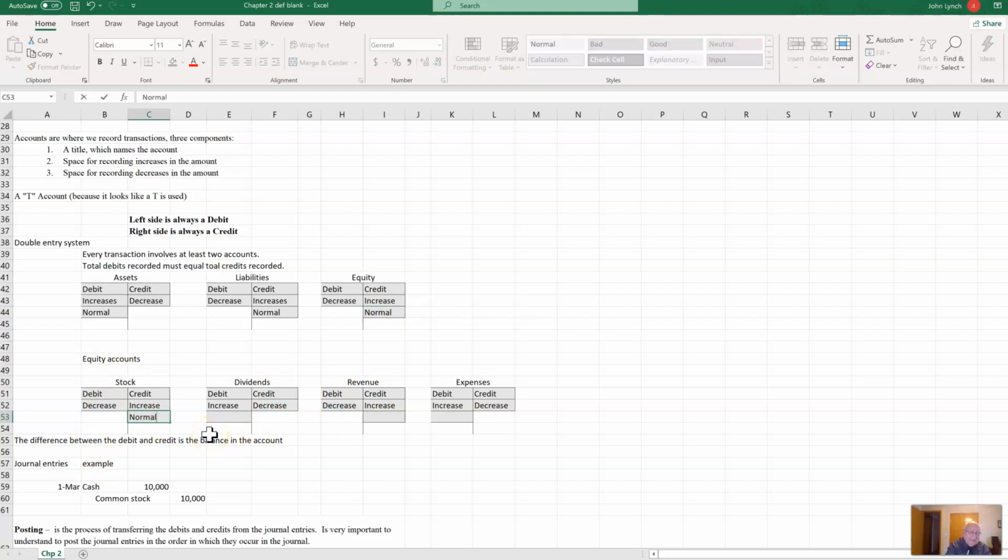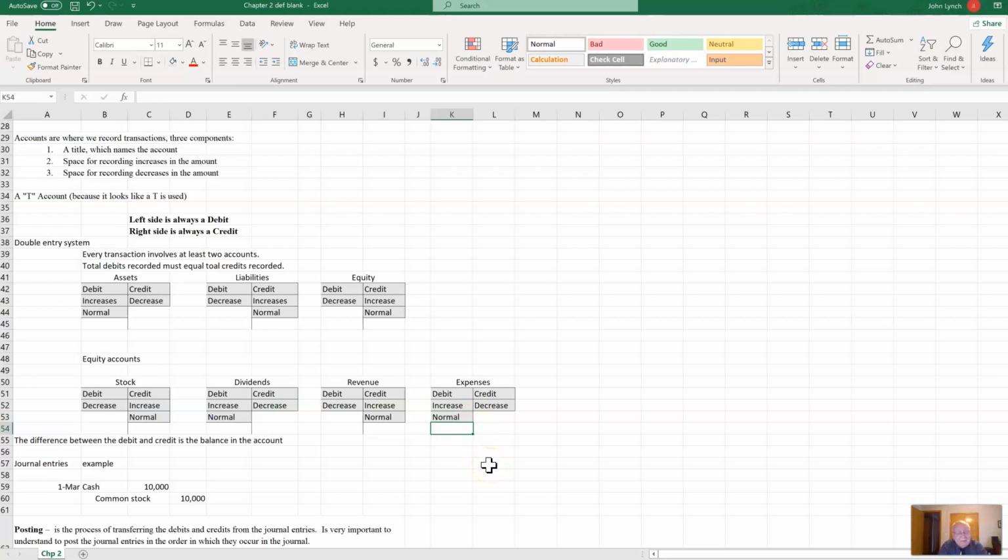The normal for that is a credit. Dividends would be a debit. Revenue normally carries a credit balance, and expenses will normally carry a debit balance.